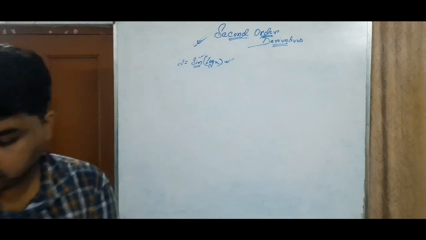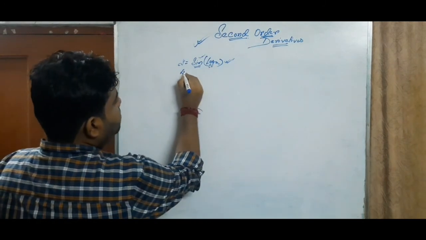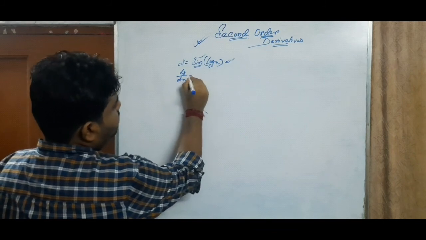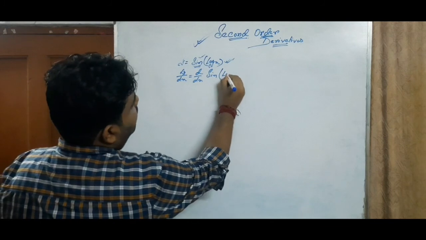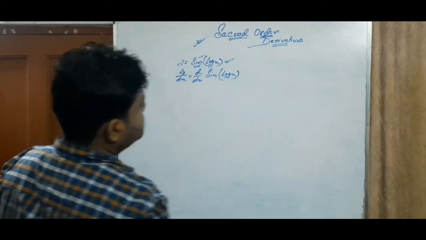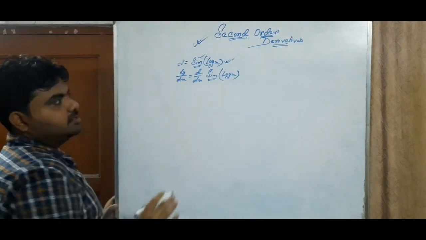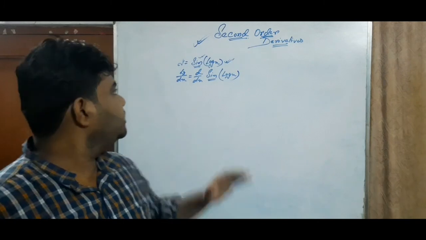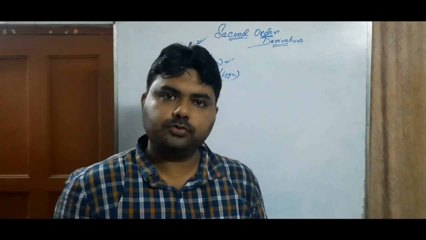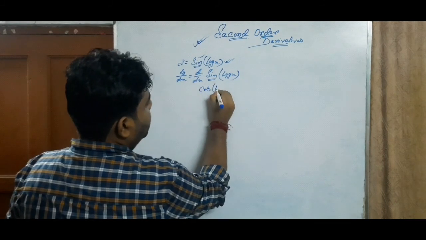Now dy by dx equals to d dx of sine of log x. First, that is sine. We will consider log x as x. Therefore d dx of sine x means cos x. We know cos x. Therefore we can write cos of log x.